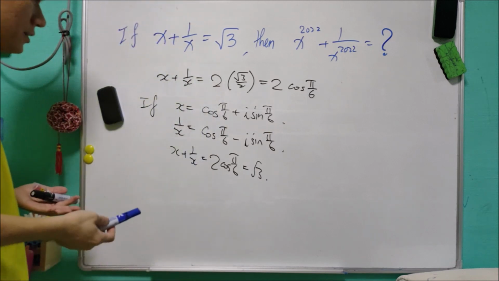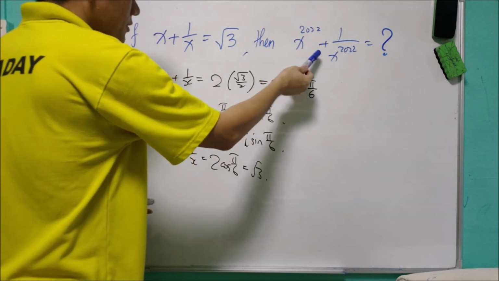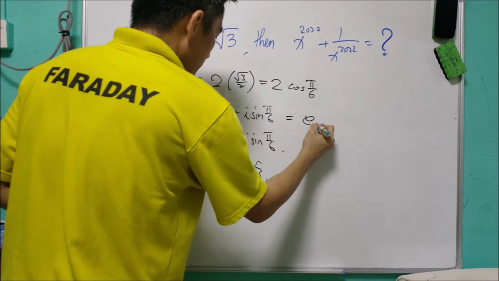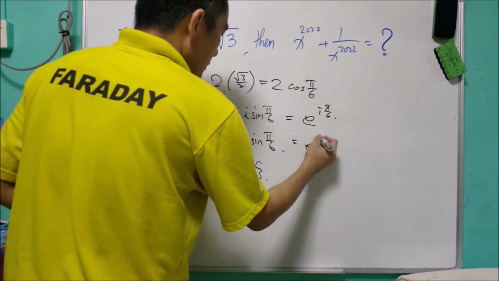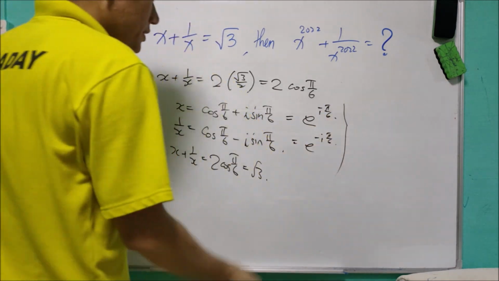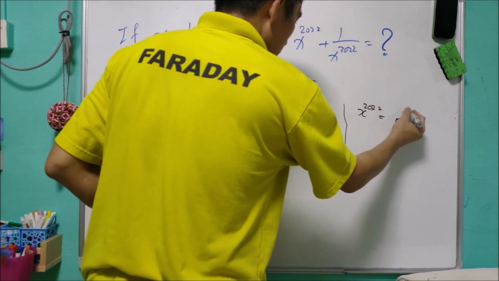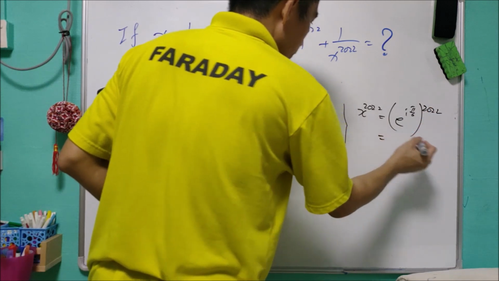Now, after we have this, it will be a little bit easier for us to get the answer for this expression. Note that x can be written as e to the power of i pi over 6, and 1 over x is e to the power of negative i pi over 6. When we have this, it means that x to the power of 2022 is equal to (e to the i pi over 6) to the power of 2022.